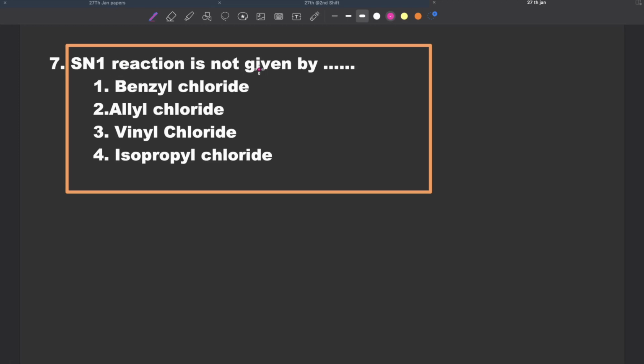SN1 reaction is not given by which one. So in SN1 reaction we get carbocation. The carbocation is formed. The stability of the carbocation matters here. So benzyl chloride gives benzyl carbocation, which is a stable carbocation.